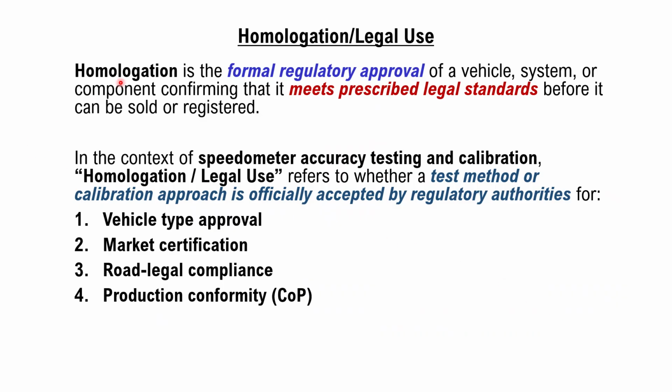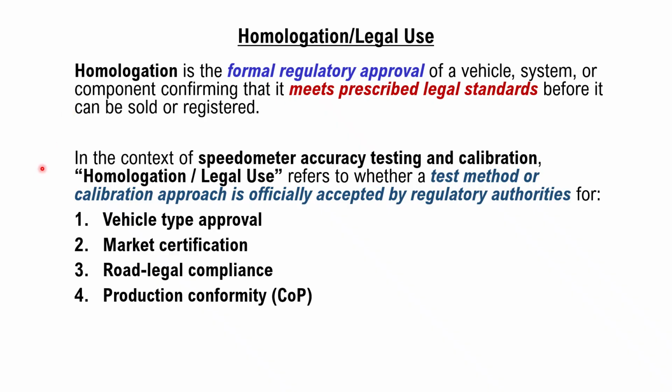The legal use mentioned here is the formal regulatory approval of a vehicle system or component confirming that it meets prescribed legal standards before it can be sold or registered.